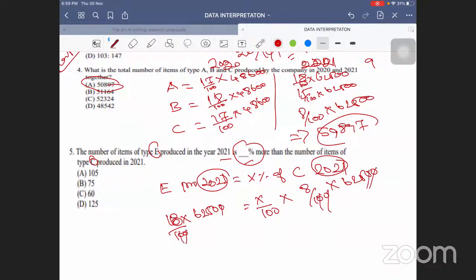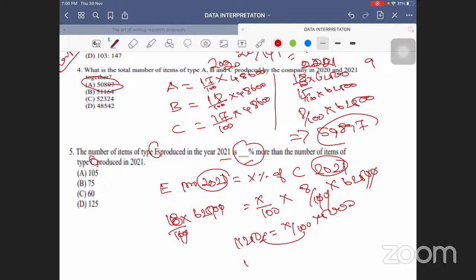So 18 into 625, how much? I think 18 into 625 is around 11,250.